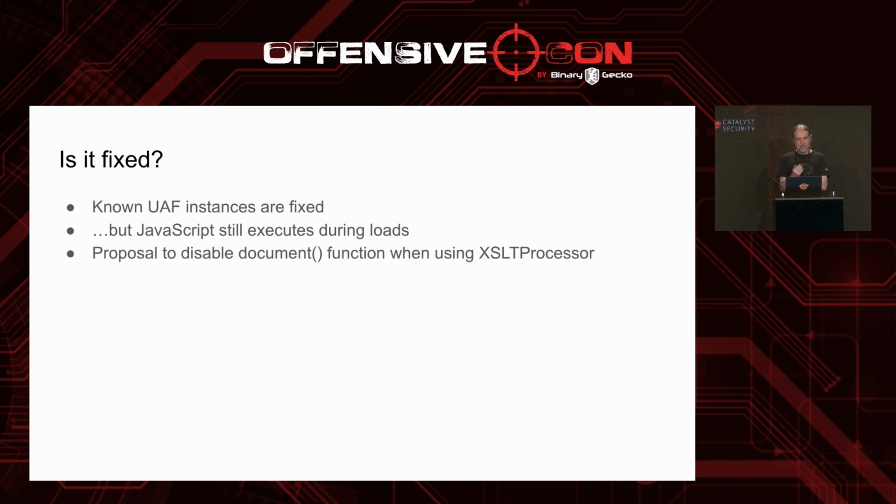And the proposal I came up with was based on how Chrome does things, or rather how Chrome doesn't do things. Because in Chrome, if you invoke XSLT through the XSLTProcessor JavaScript interface, the document function actually won't work at all. And so I suggested to Mozilla that they do something similar. And this seems to be the current direction that things are taking.